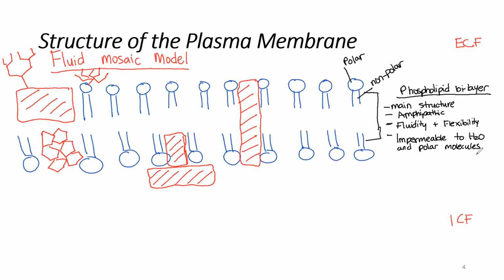Let's talk about some of our proteins. So we have proteins that go right through the plasma membrane, which we drew here. This is called an integral protein. An integral protein means a couple of things. It is integral to the structure of the plasma membrane. It is a permanently fixed structure, so the plasma membrane cannot exist without this protein.